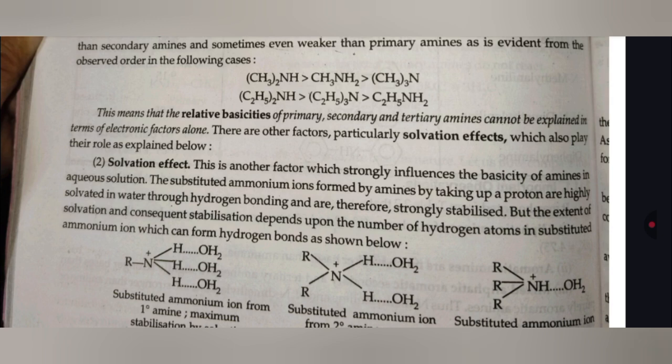Second is the solvation effect. This is another factor which strongly influences the basicity of amines in aqueous solution. The substituted ammonium ions formed by the amine by taking up a proton are highly solvated in water through hydrogen bonding and are therefore strongly stabilized. But the extent of solvation and the resulting stabilization depends upon the number of hydrogen atoms in the substituted ammonium ion which can form hydrogen bonds, as shown below.